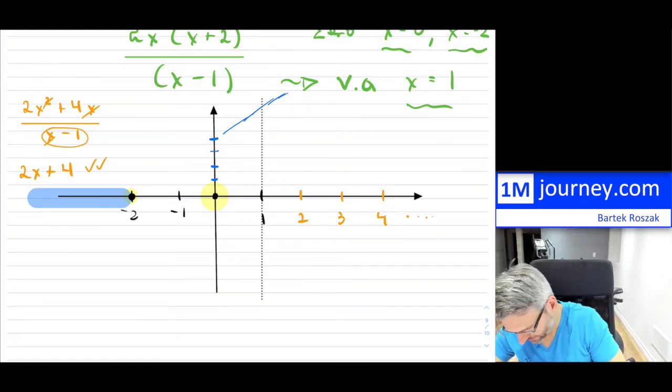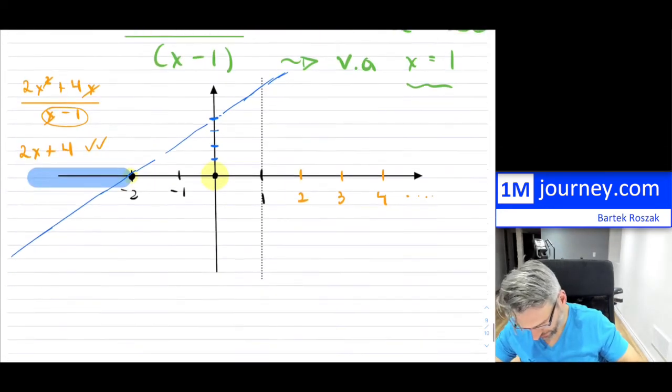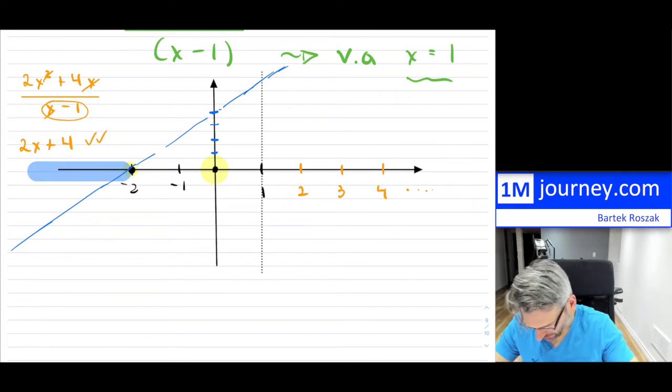Let's see, 2x plus 4, the zero is going to be at minus 2, actually. Is that right? Yeah, it's minus 2, so it slants through that. Okay, so let's see what's happening here.